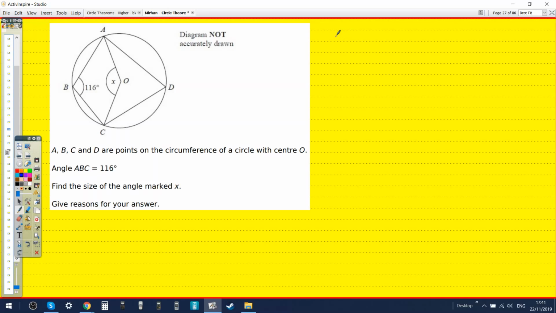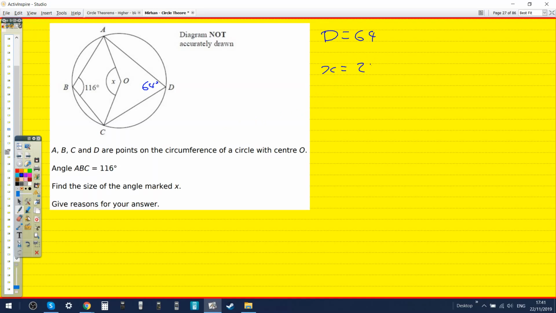So D has to be 64. Mm-hmm. And then $116 has to be half of O. Nope. It's not an arrowhead. Yeah, sorry, it's not. So X has to be double 64 then.